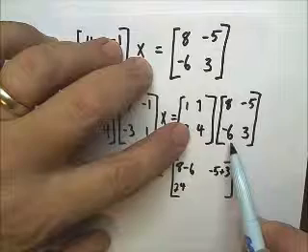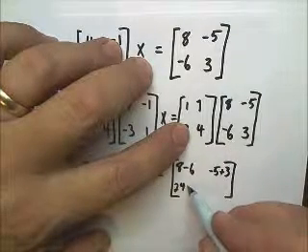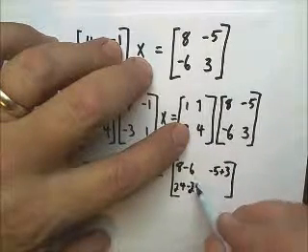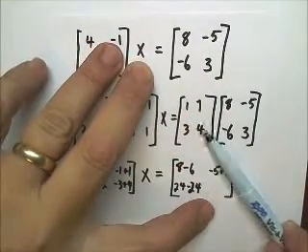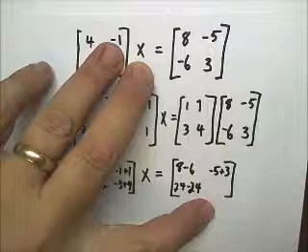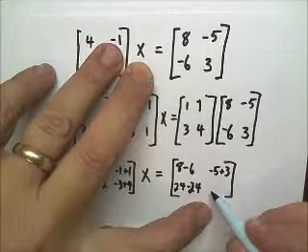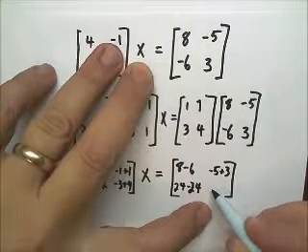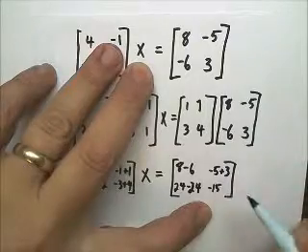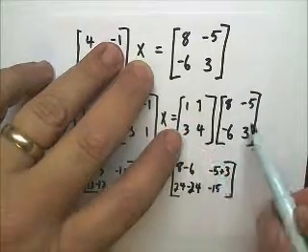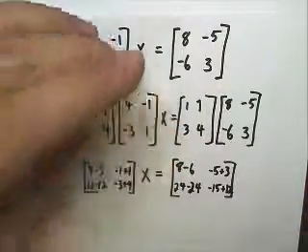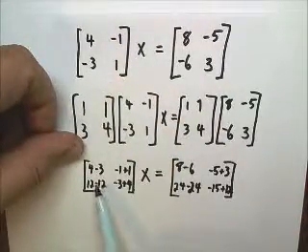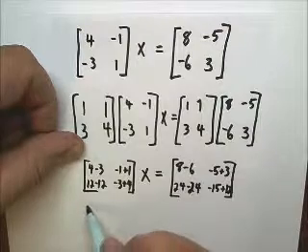And negative 24. And to get this one down here, it's 3, 4 times negative 5, 3. So that's negative 15 and 12. So here you can see we got the identity matrix.